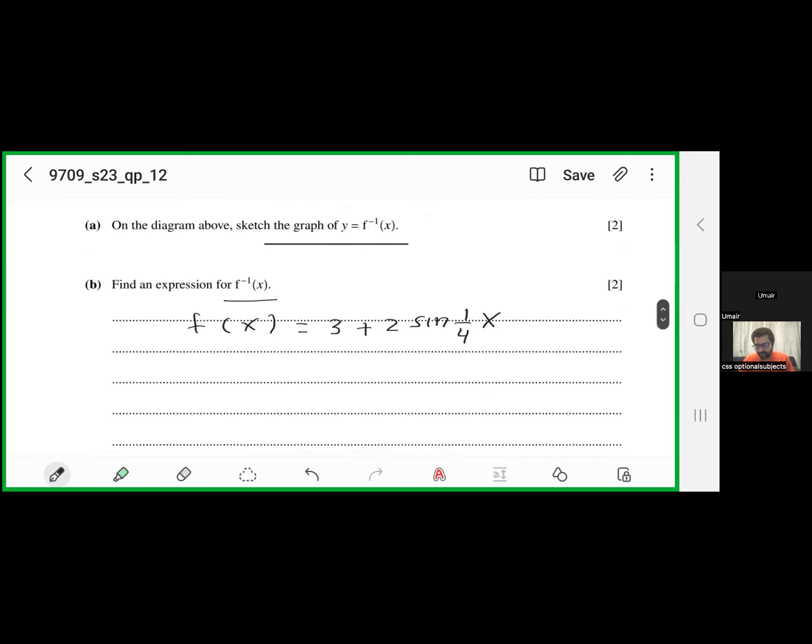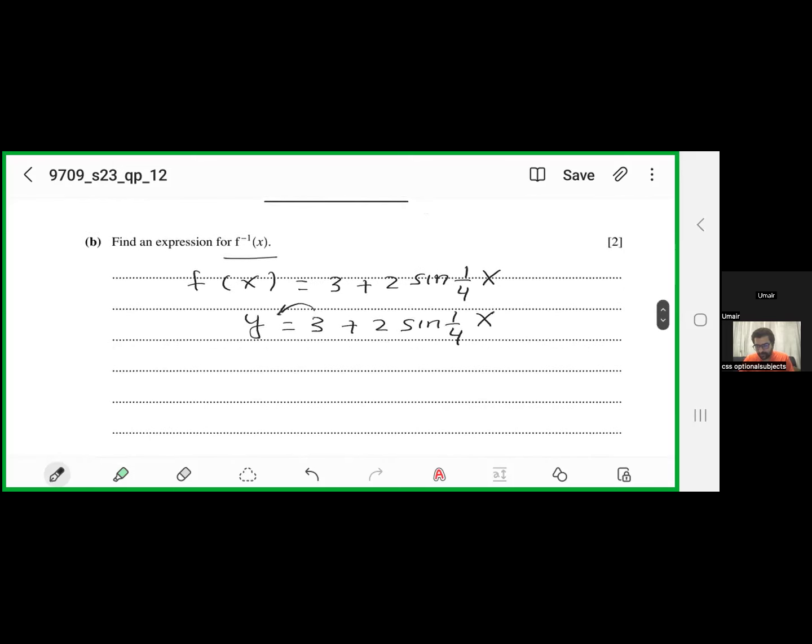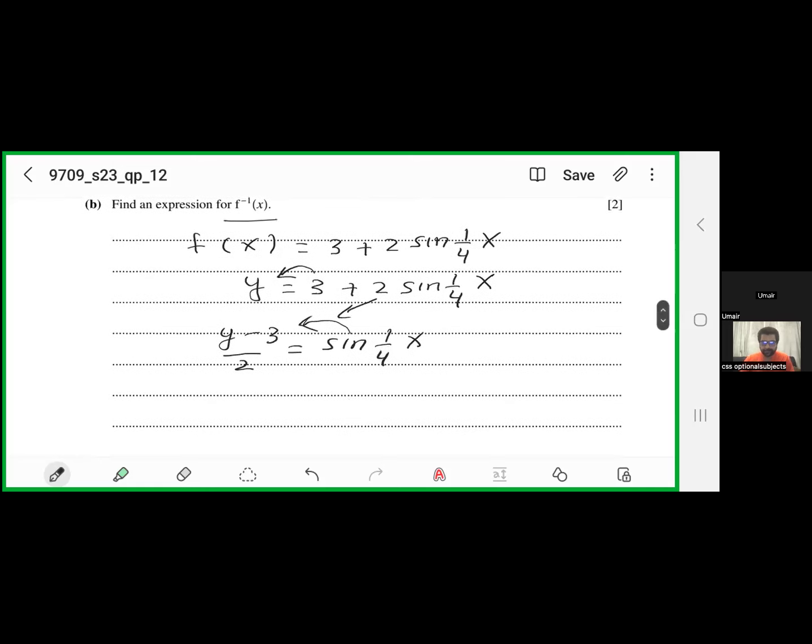Now f(x) will be replaced by y. It's 3 plus 2 sine 1 by 4x. Move 3 over here, it will be y minus 3. Move 2 over here, it will be dividing, so y minus 3 over 2 is sine 1 by 4x. Move sine over here.